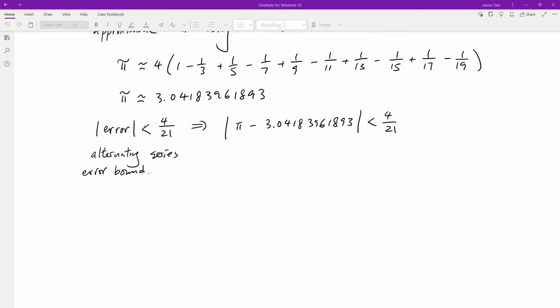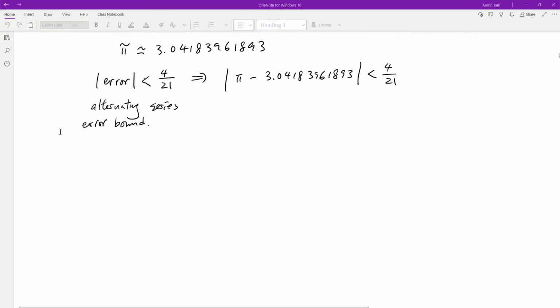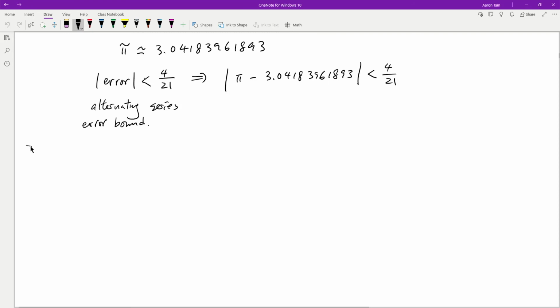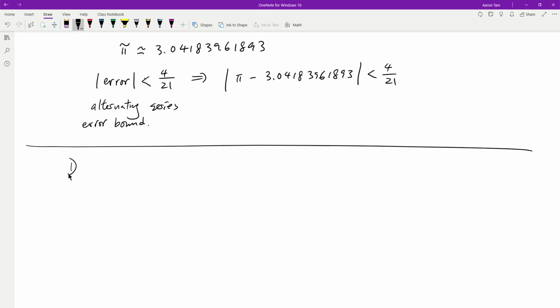When we run into a differential equation, if the differential equation is written in the following way, maybe I'll write it this way. Solving differential equations using power series.